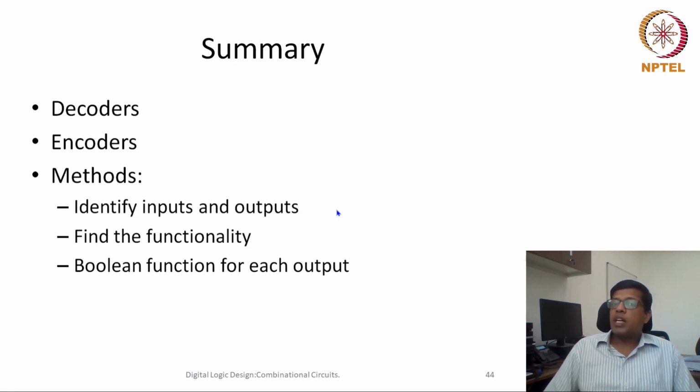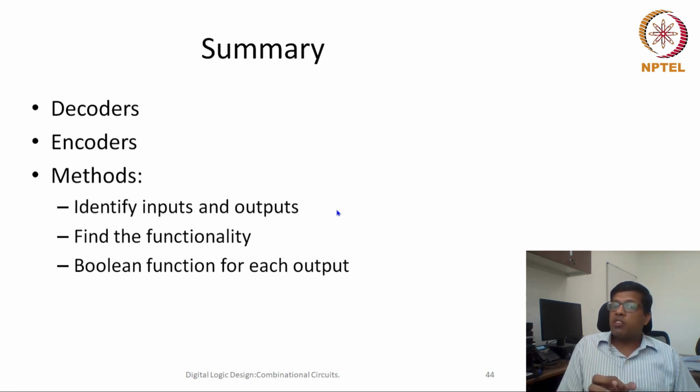And if I am making any kind of generic or non-standard encoder or decoder, what I would do is identify what my inputs are, what my outputs are, what the functionality is, and write a truth table.